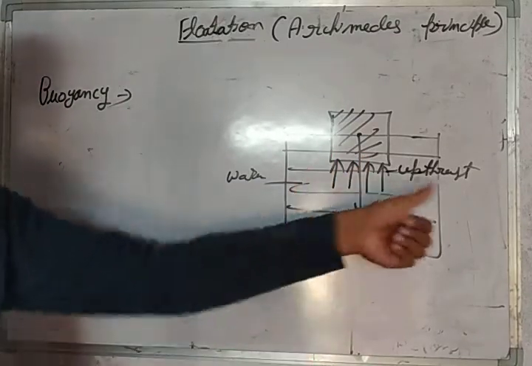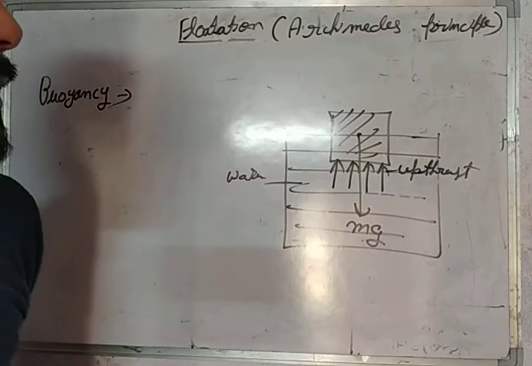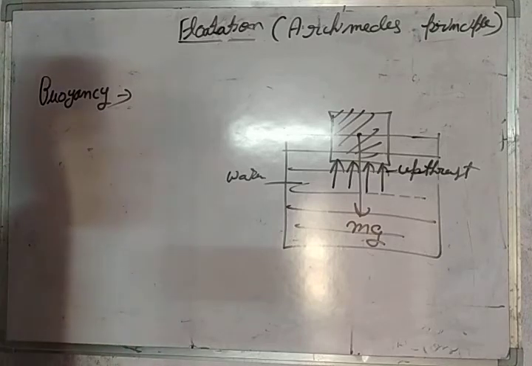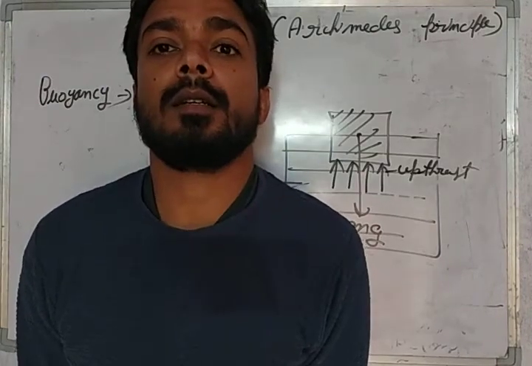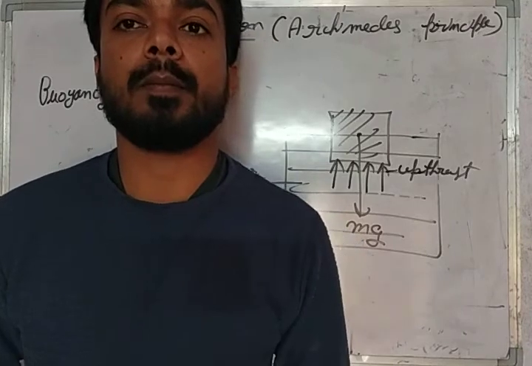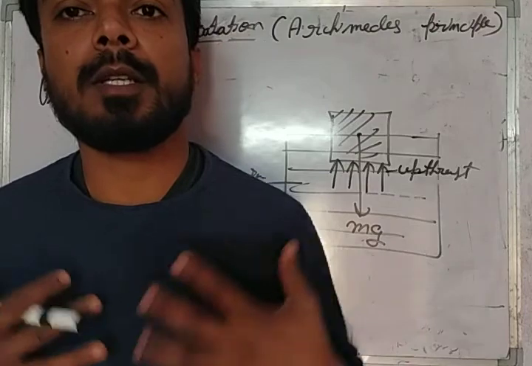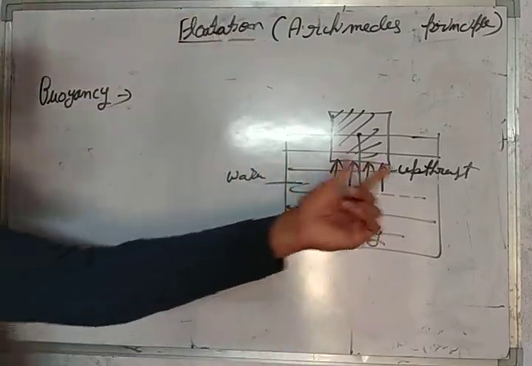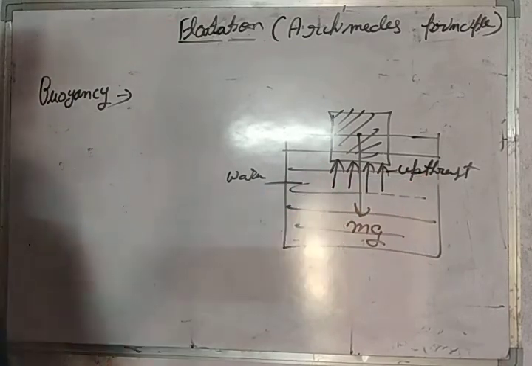This upward force is called upthrust. Inside the liquid, every body experiences an upthrust. That's why the body experiences a loss in its weight. The body always experiences a reduction in its weight. That's why when we float on the surface of water, we experience our body as lighter. Due to this upthrust, the body is experiencing the lighter weight.